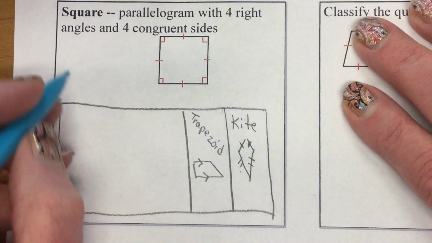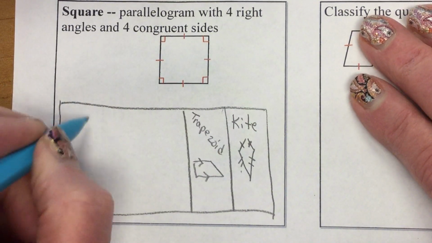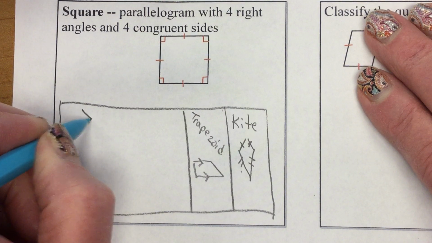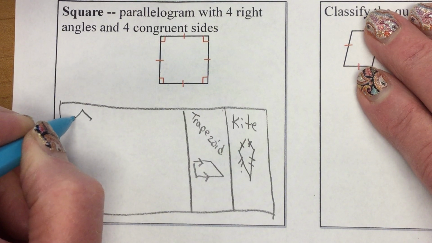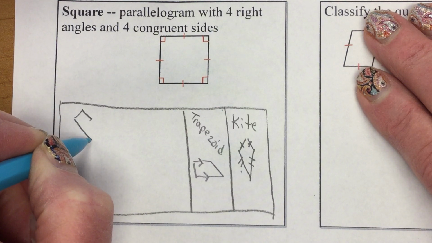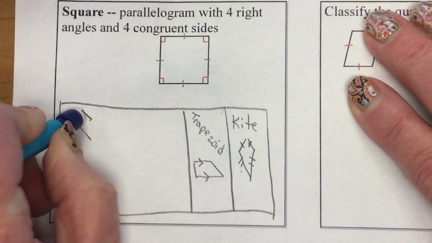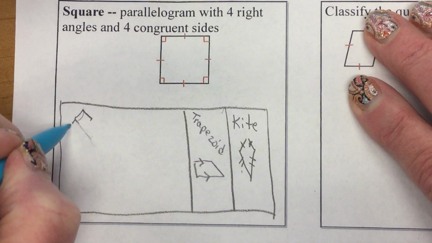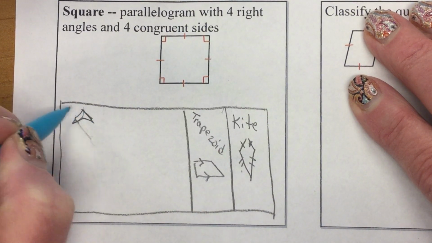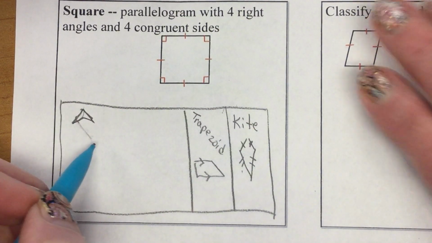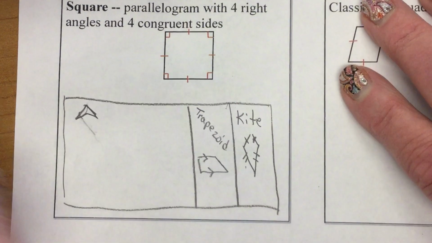Then we have regular quadrilaterals, that have four sides that may or may not have anybody the same, and nobody's parallel. There we go. Might look like that. Those are all those regular quadrilaterals.